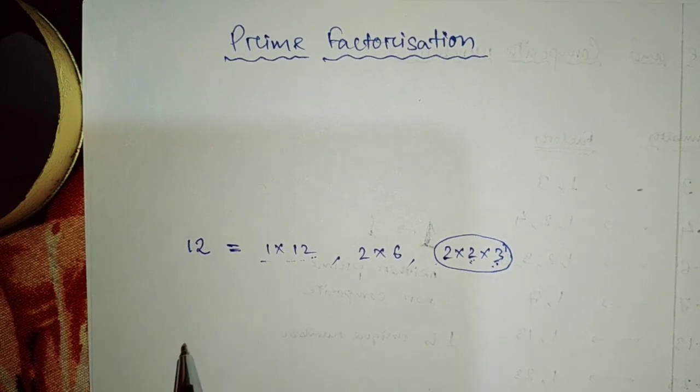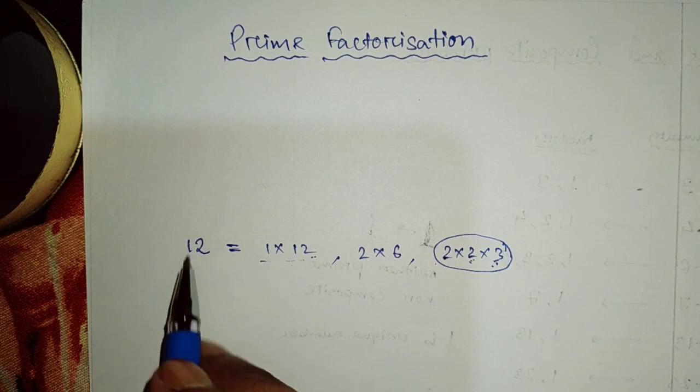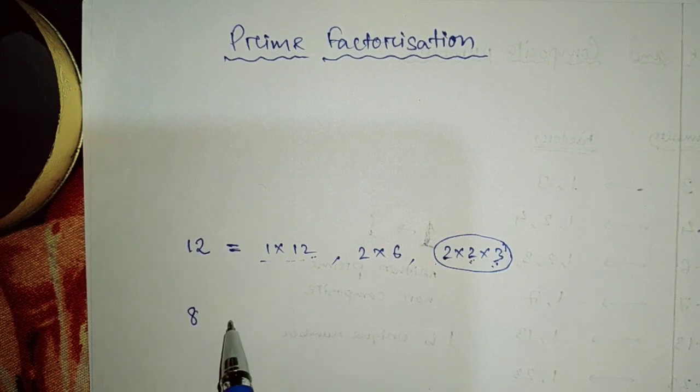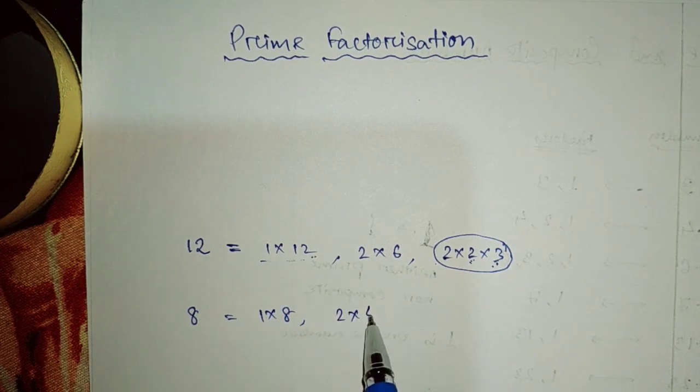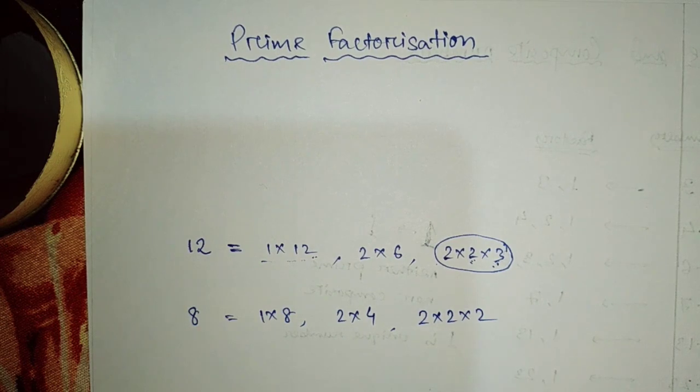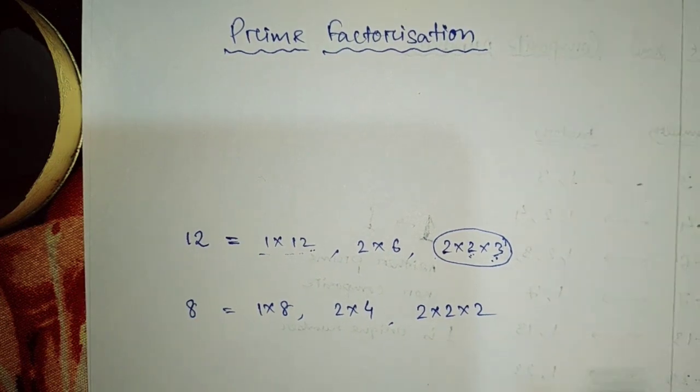If we take another example, say 8, 8 can be written as 1 into 8, as 2 into 4, or as 2 into 2 into 2. In this case 8 is not a prime number, in this case 4 is not a prime number, although 1, 8, 2, 4 all are the factors of 8.